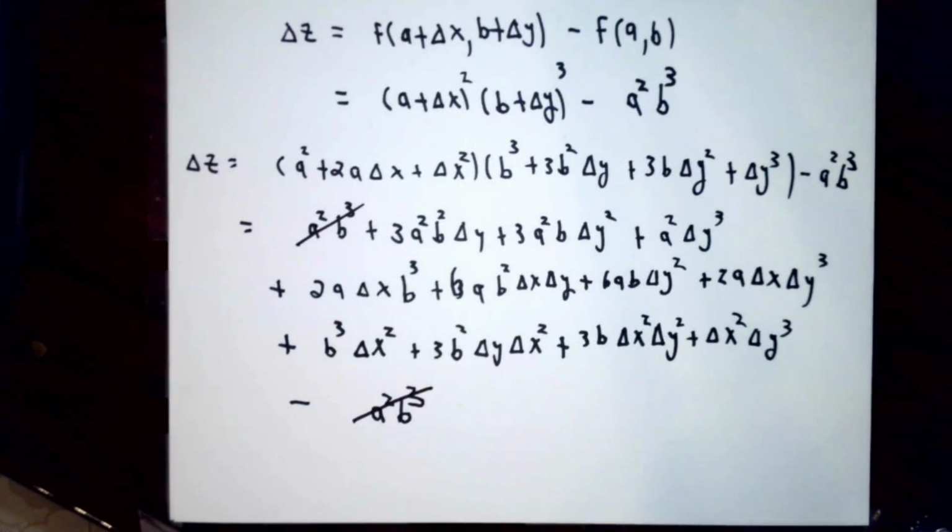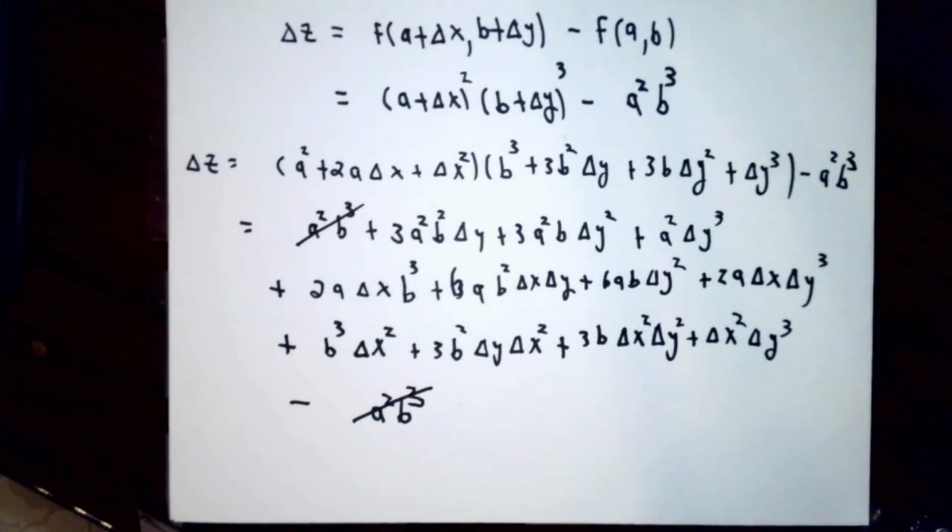The a and the b are the coordinates of the point that I'm thinking about. I'm thinking of those as not moving around at the moment. Everything else is a factor of delta x or delta y, or a power of delta x times a power of delta y. I'm going to group similar things together.